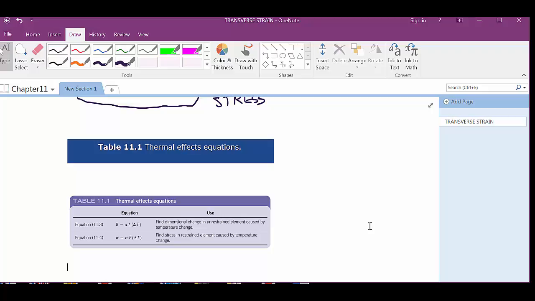Then for the second section, the thermal effects, just do problem 11.6. We'll save 11.8 for later. I was planning on doing that, but we'll just do 1, 3, 4, 5, and 6.